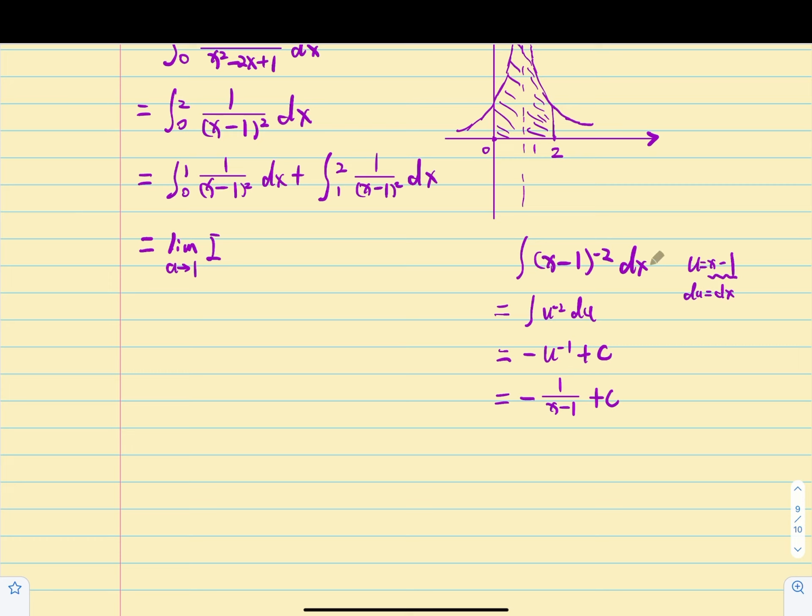Let's see. So this part of the integral is the indefinite integral, but this in here is a definite integral.